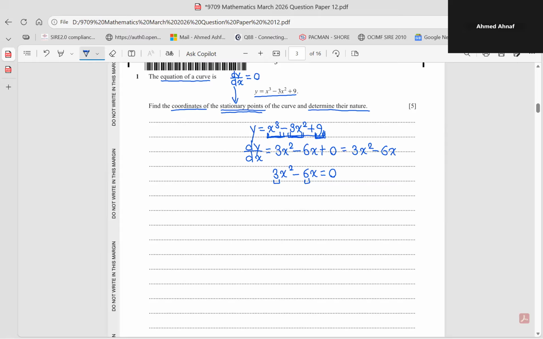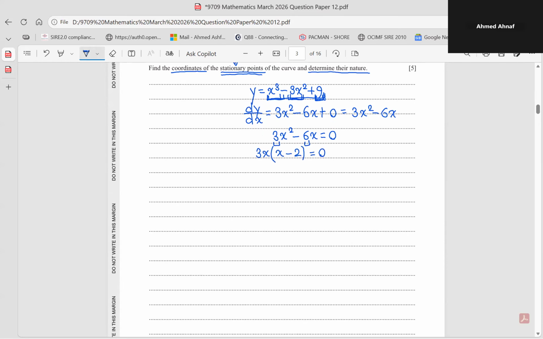So we factor out 3x, and you get 3x(x minus 2) equals 0. Now equate both factors to 0 and solve for x. So 3x equals 0 gives x equals 0, and x minus 2 equals 0 gives x equals 2. So these are our x coordinates.